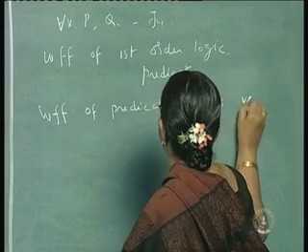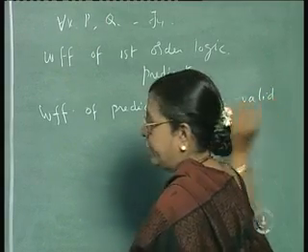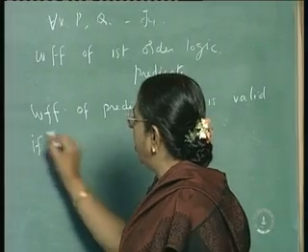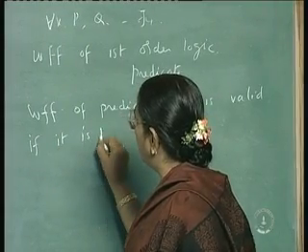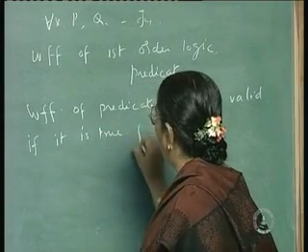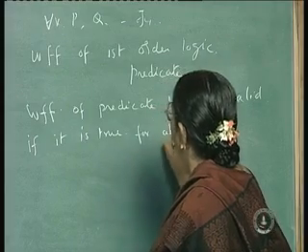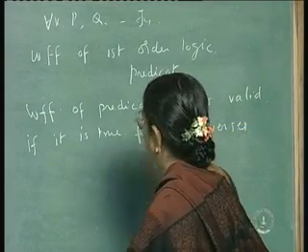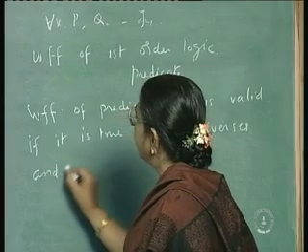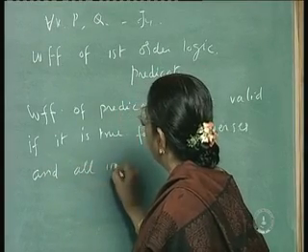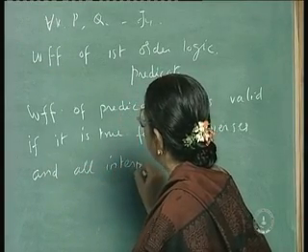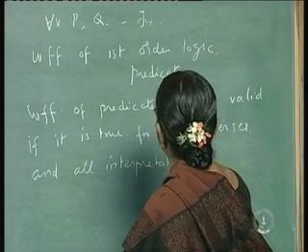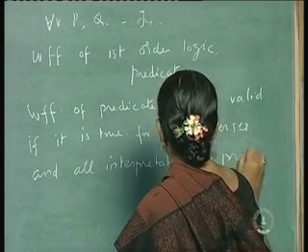A well formed formula of predicate logic is said to be valid if it is true for all universes and all interpretations of predicate variables.